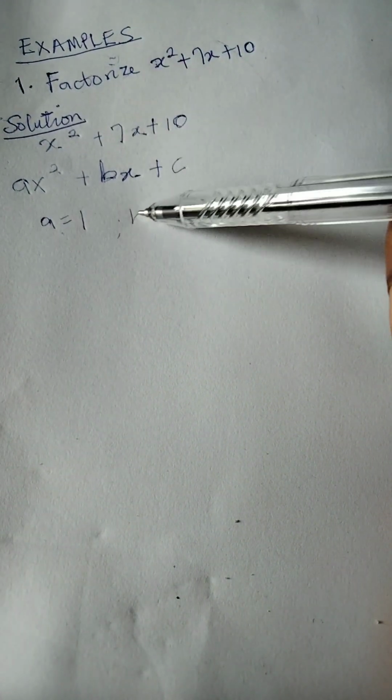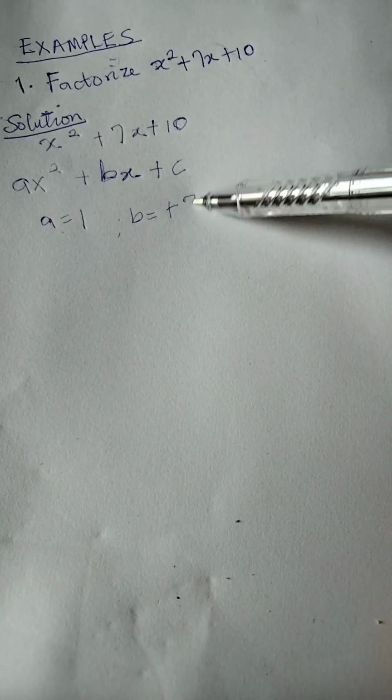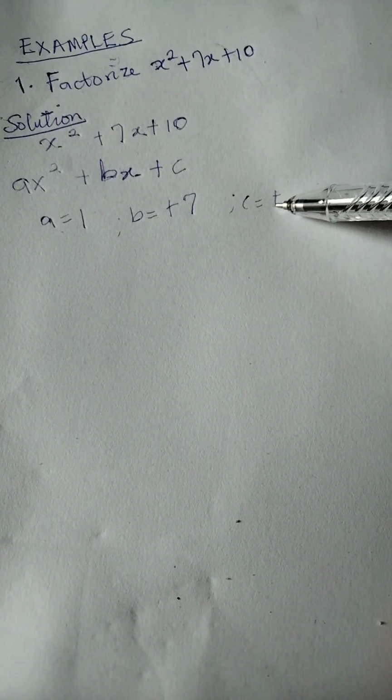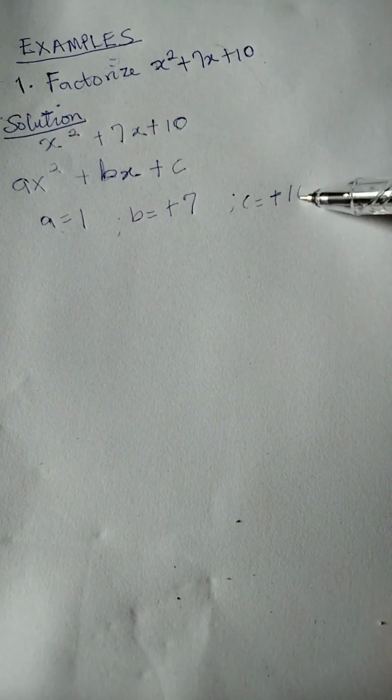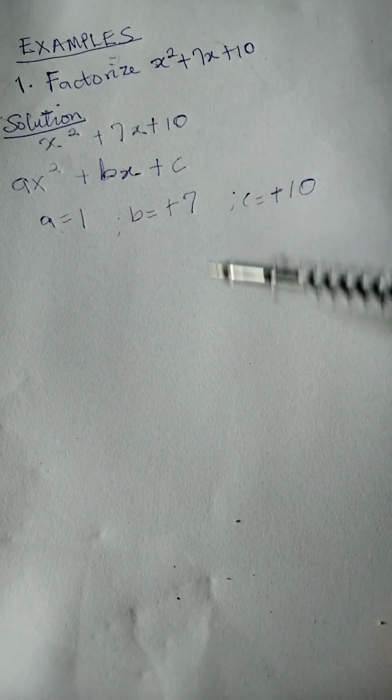Then our b is equal to plus 7, and our c is equal to plus 10. Of course, a is plus 1 there.